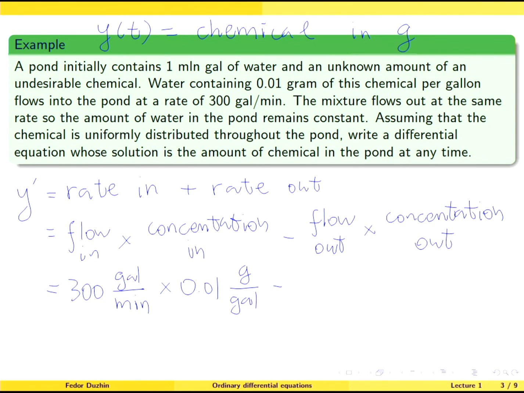Well, the mixture flows out at the same rate, so this is also 300 gallons per minute. What is the concentration of this chemical in the outflow?